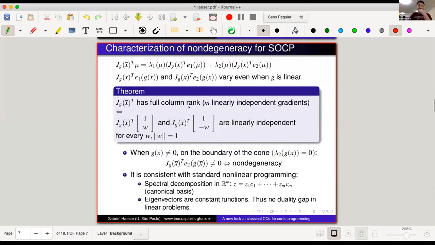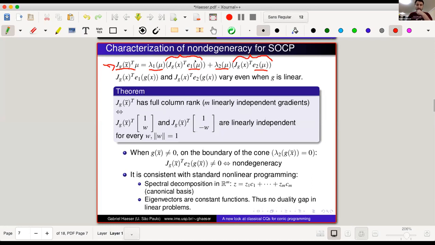Okay, so the idea is, when we are looking at the KKT condition where this type of thing appears, we want to replace mu by its spectral decomposition. So we write it as lambda1 E1 plus lambda2 E2. And then what plays the role of the gradients of the constraints are these vectors here. You don't need to consider all m vectors, you consider only these two vectors.